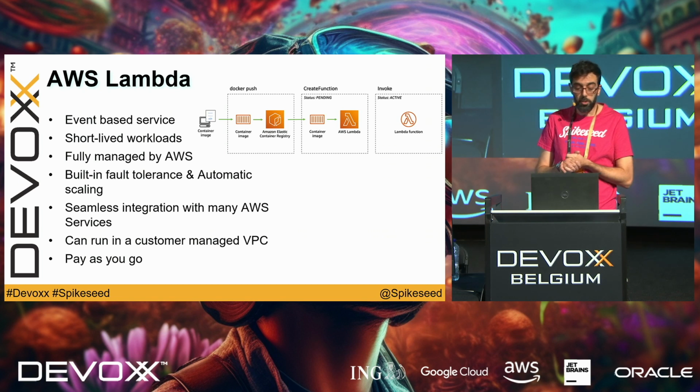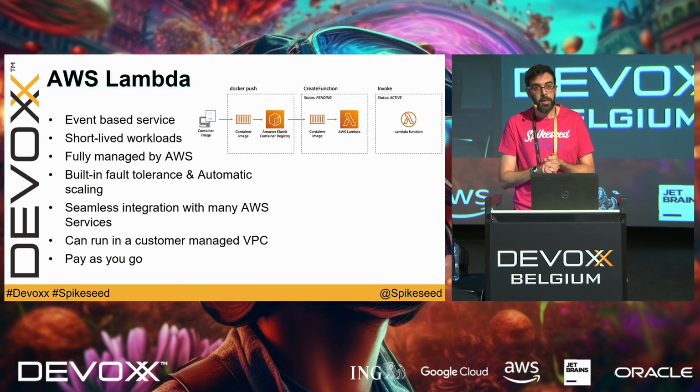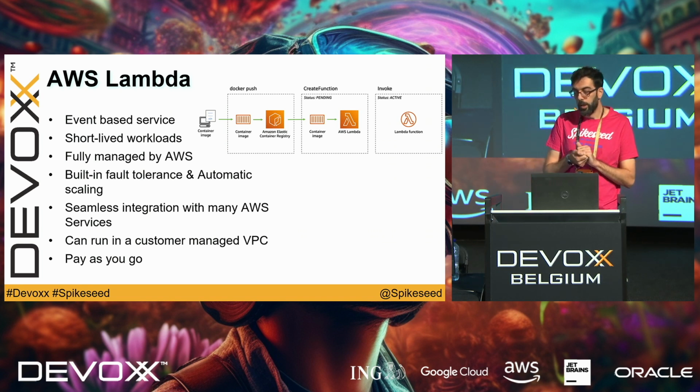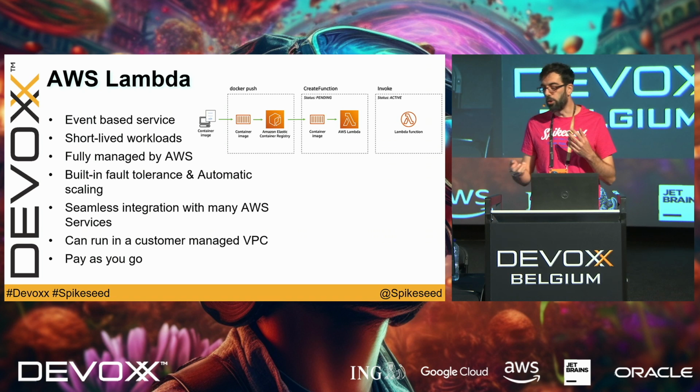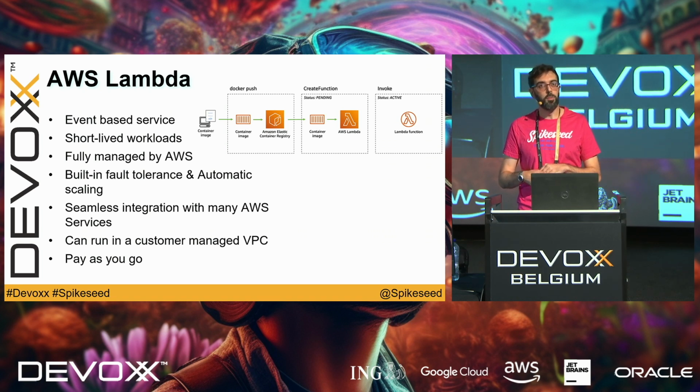Lambda, like I said before, I guess a lot of you may be familiar with the service. It's very good for event-based and short-lived workloads. It is fully managed by AWS, so you don't have to take care of scaling, fault tolerance, or things of this nature. It integrates, as you would expect, seamlessly with a number of AWS services.